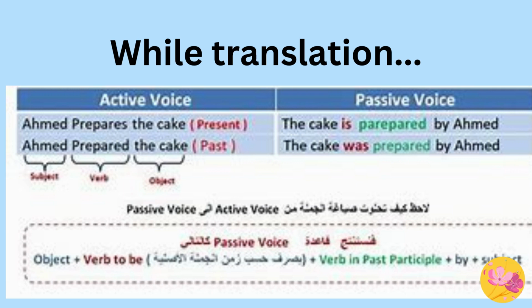Now the same sentence in present tense, if we convert it into Arabic, the order changes and it becomes the cake is prepared by Ahmed. So that is in passive voice. The object comes first, then the verb, and then the subject. That is the difference in the translation part where English is translated into Arabic.